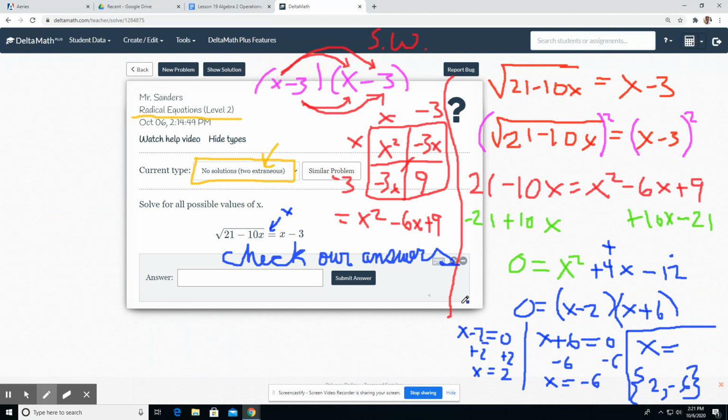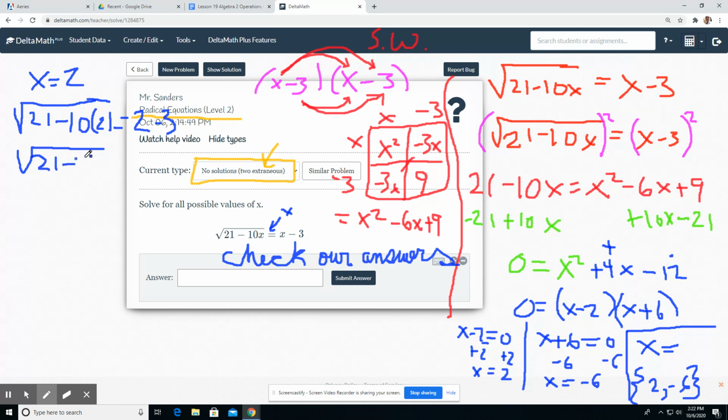There's no easy way, you just have to check it. So the first one, I'll check x equals 2. Plugging that into the original problem, square root of 21 minus 10 times 2 equals 2 minus 3. Okay, simplify. 21 minus 20.